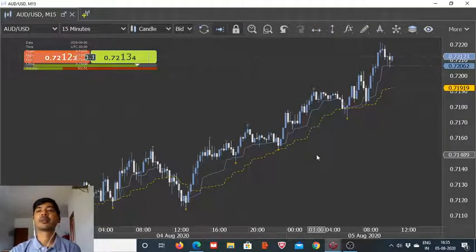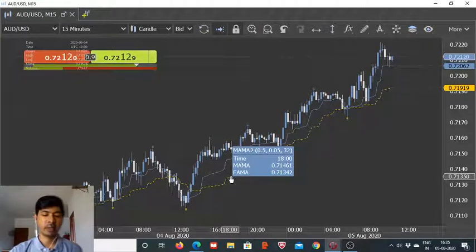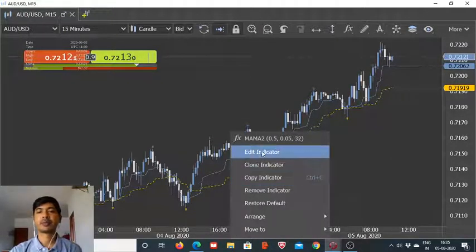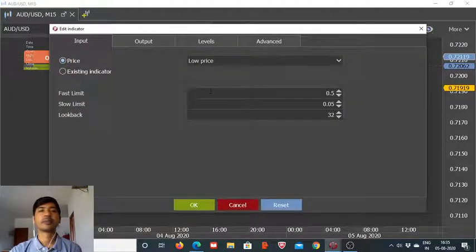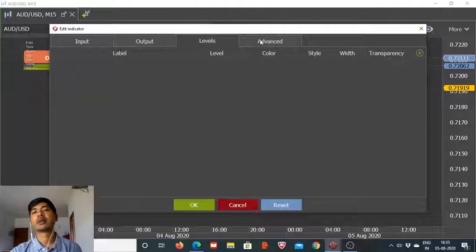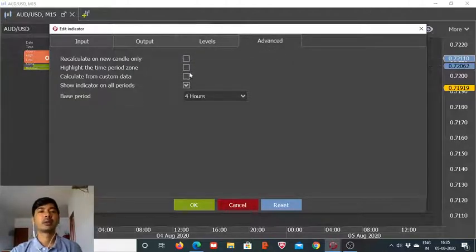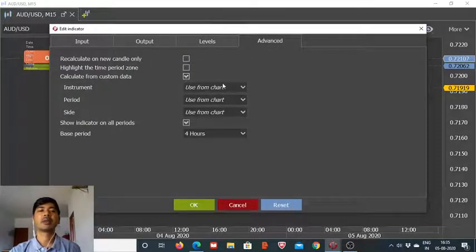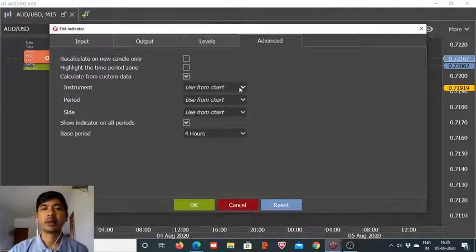And here we try the same thing. Output levels, and that one. If we calculate from the custom data, the instrument is being chosen from the chart.